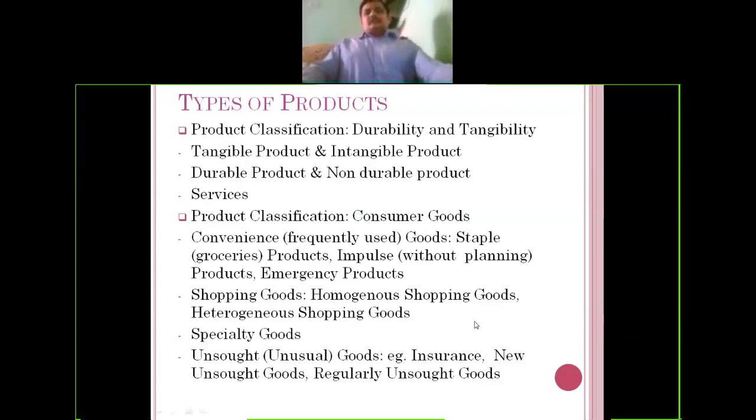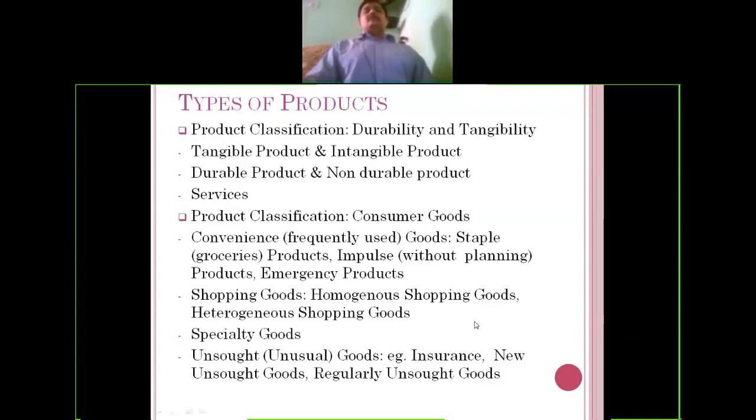So we started with types of products. In that, we understood very clearly that we will be having a product classification based upon the durability and intangibility. And the second point we have covered is product classification based on consumer goods.